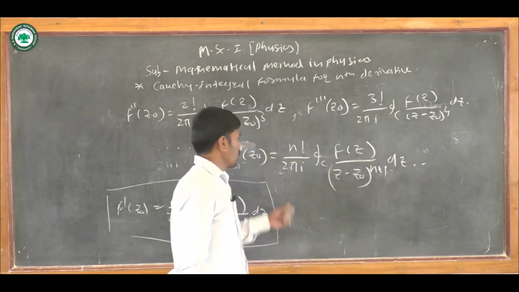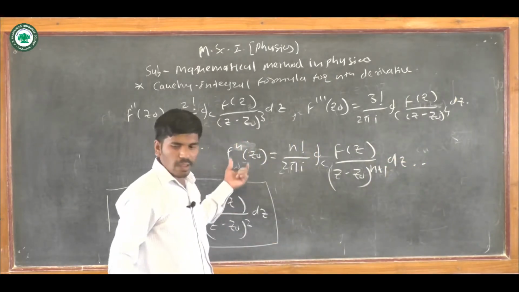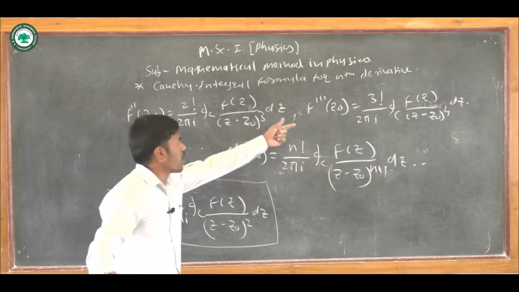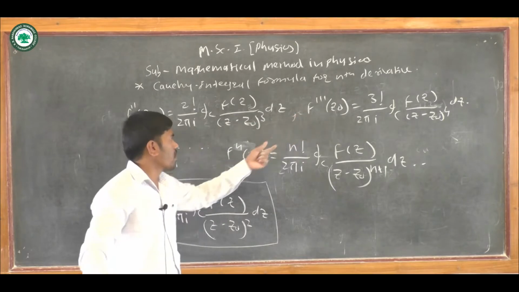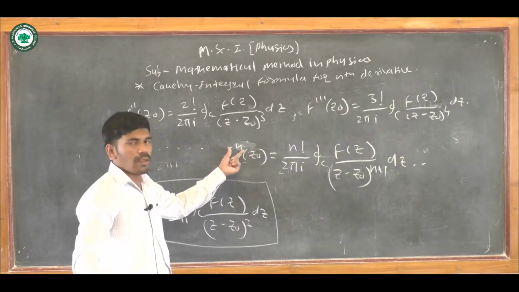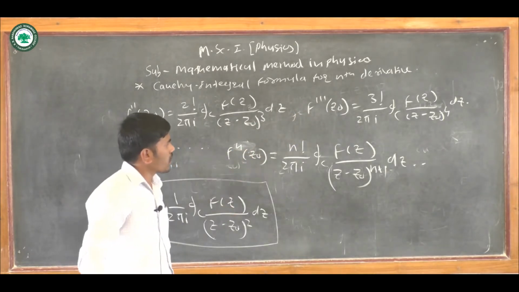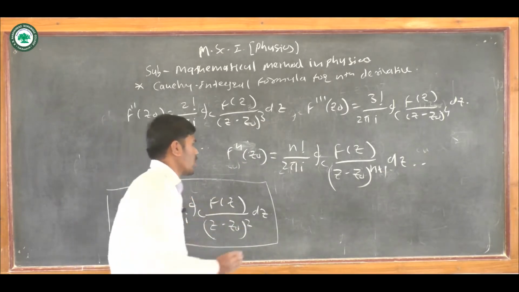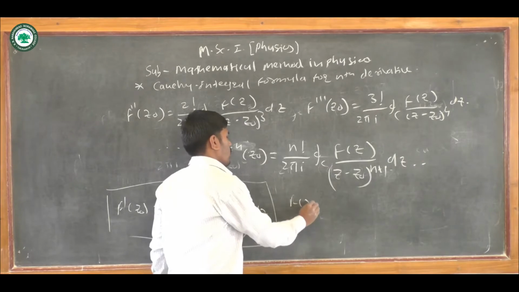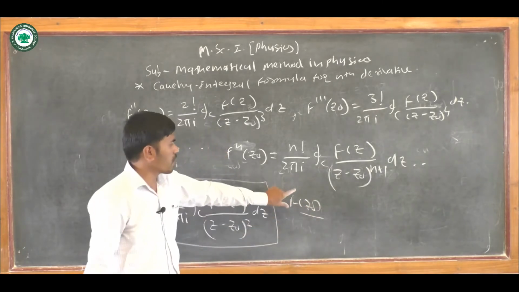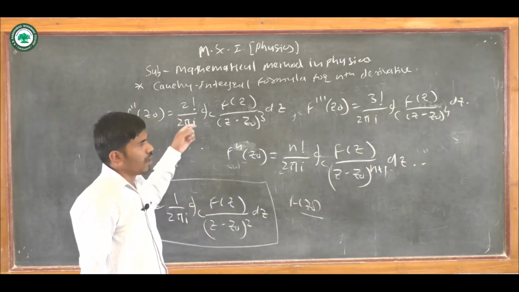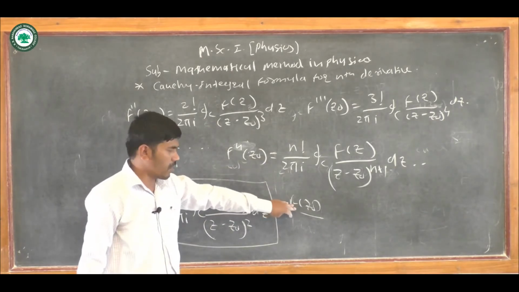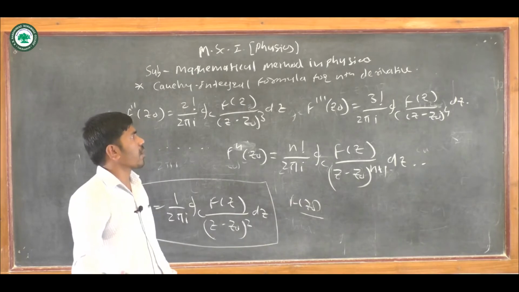This f prime, f double prime, third order and f power n are all analytical functions in the domain D. If f of z is analytical, then all order derivatives of f of z naught are analytical.